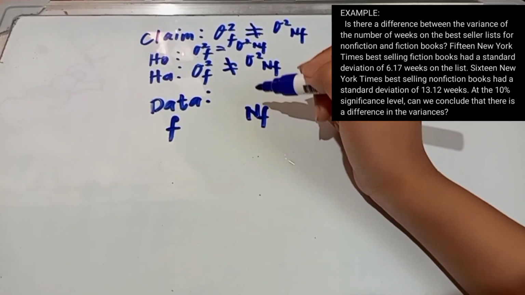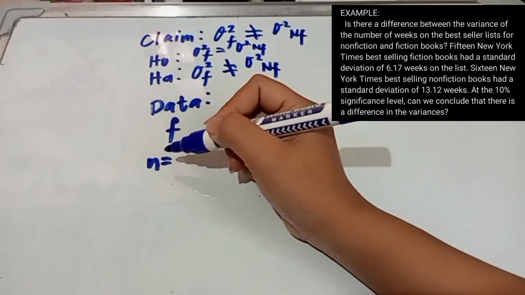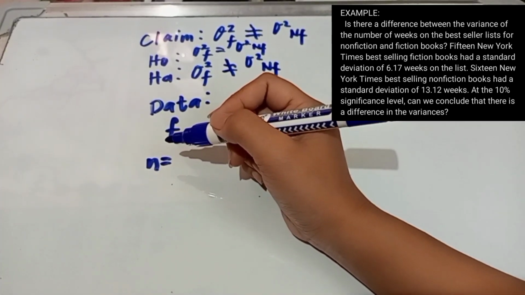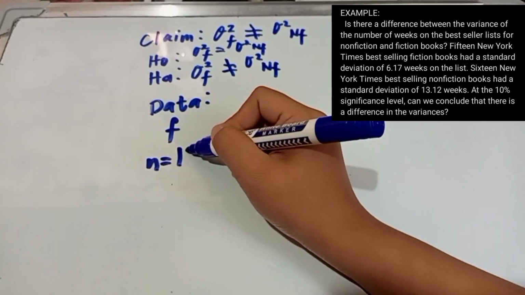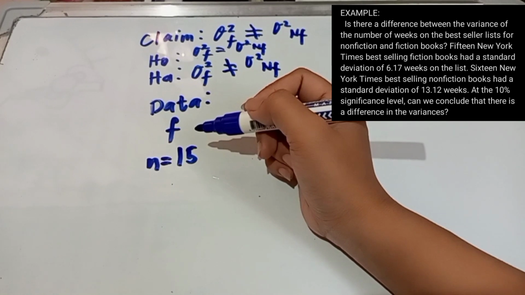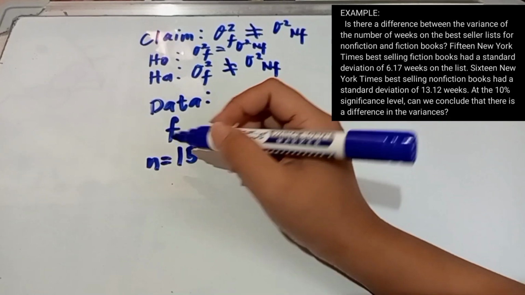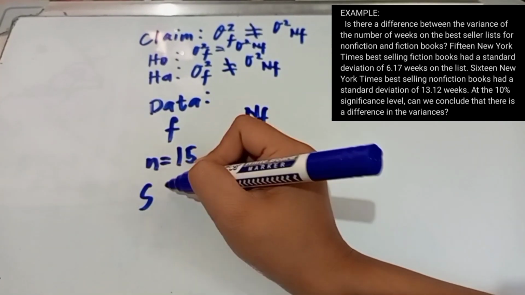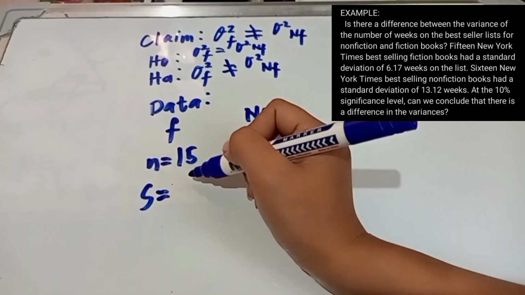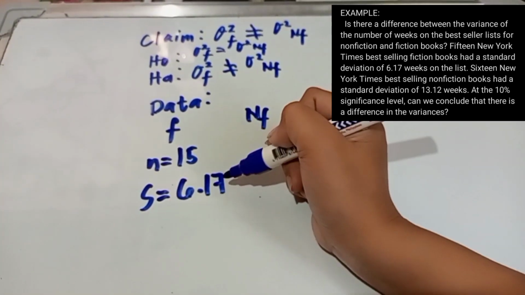Our N here is 15 in fiction books because it says here that 15 New York Times best-selling fiction books had a standard deviation of 6.17.